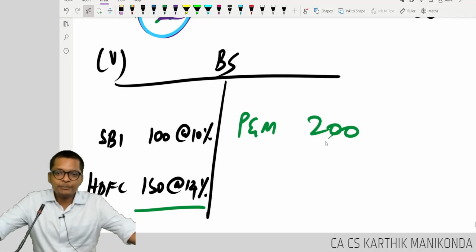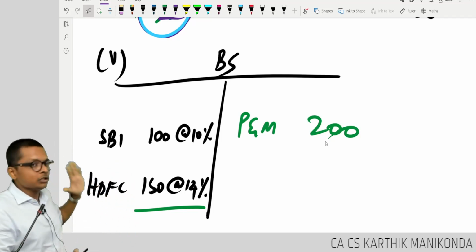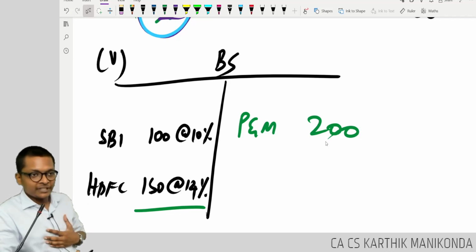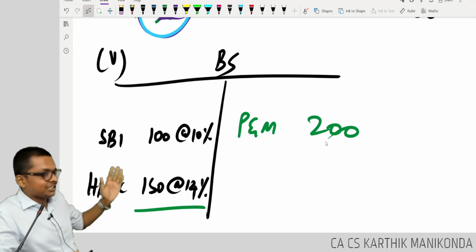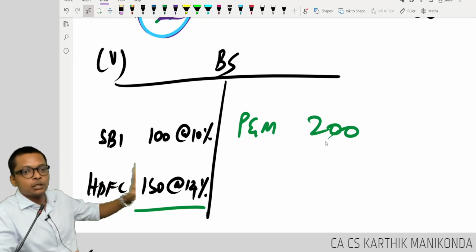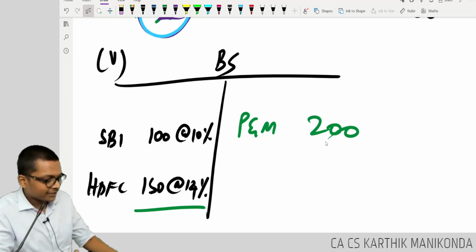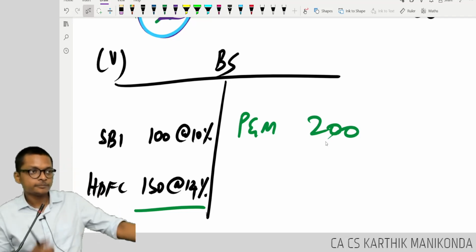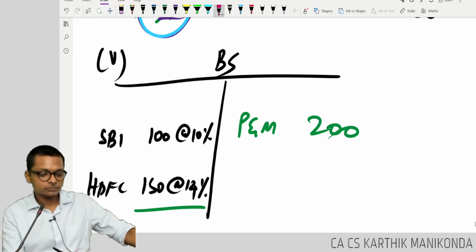That's it. Simple. I have 2 loans. Total loan is how much? 250. In this 250, I constructed plant and machinery, how much, guys? 200. Now, how to take the interest?